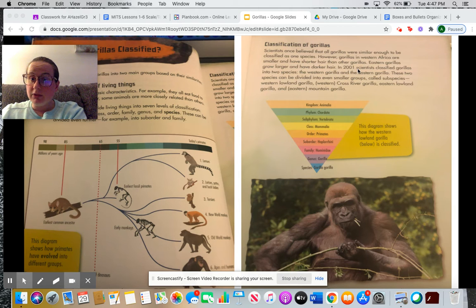In 2001, scientists classified gorillas into two species: the Western gorilla and the Eastern gorilla. These two species can be divided into smaller groups called subspecies, just like we have subtopics within our topic, right? So here's some examples down here.